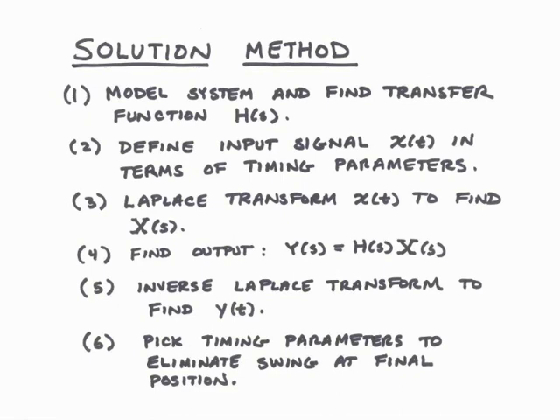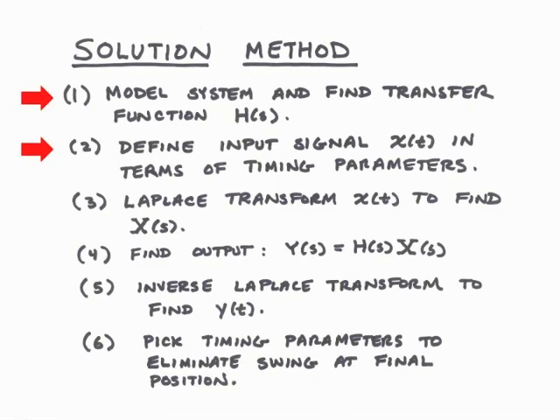We'll then find the output signal in the frequency domain by multiplying it by the transfer function. The problem we're dealing with is zero state, so we'll only have the response to the input. Then we'll inverse Laplace transform Y of s to find y of t. And in our final step, we'll pick the timing parameters so as to eliminate swing at the final position.